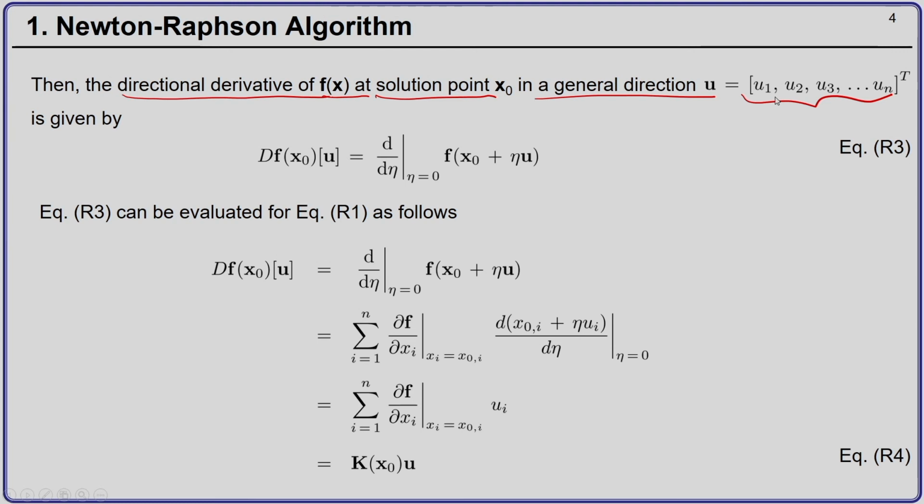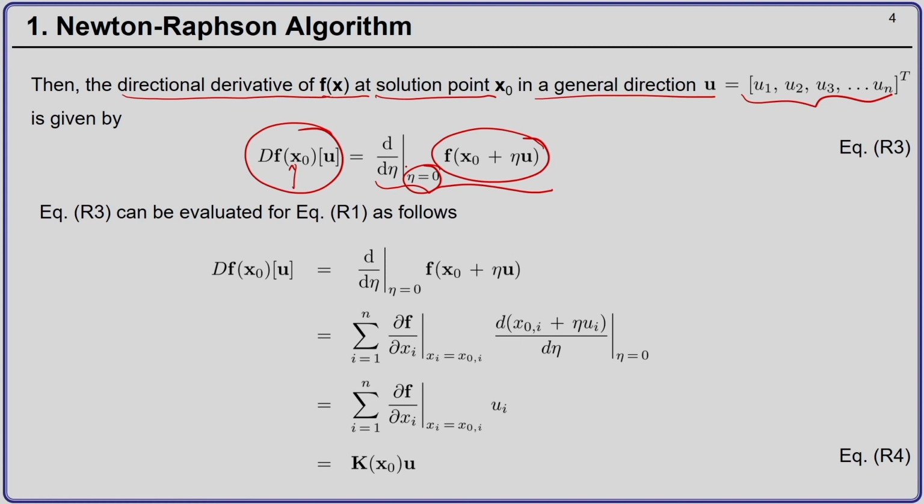So, the change in the value of the function evaluated at x 0 in the direction u is nothing but the directional derivative of the function evaluated at x 0 plus eta u, with respect to eta, and then substituting eta equal to 0.